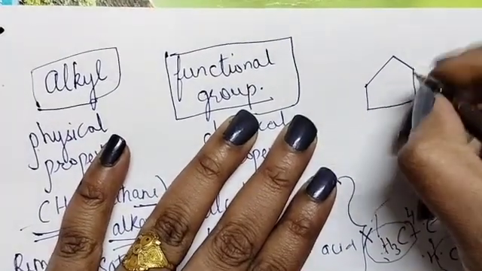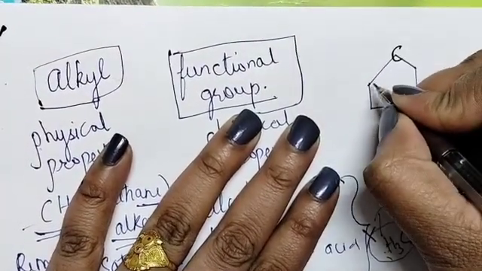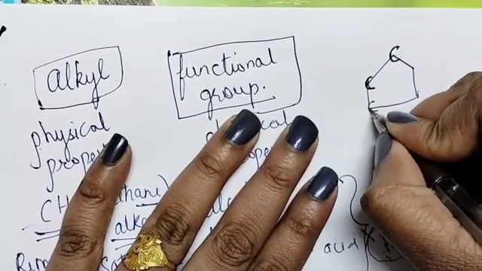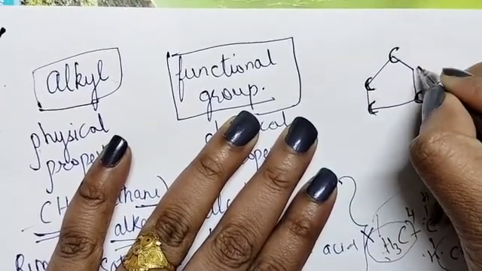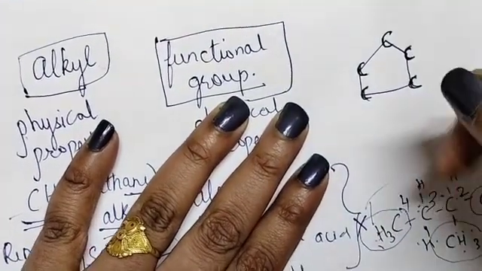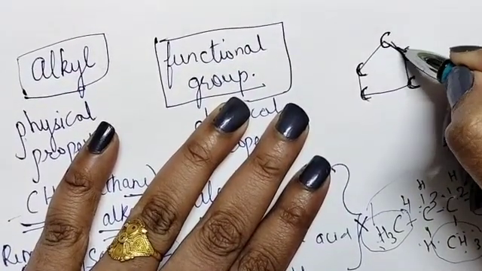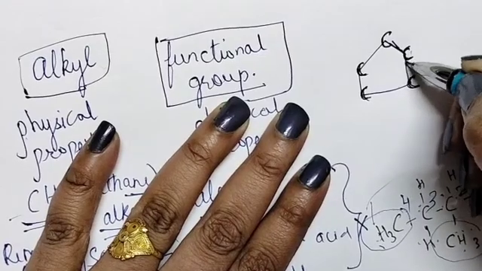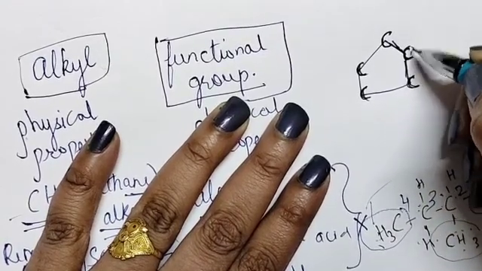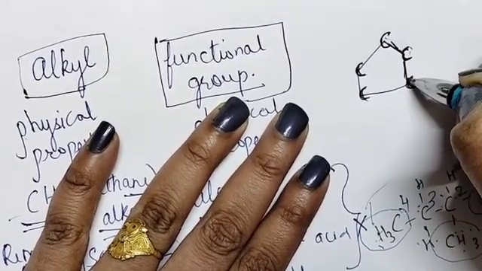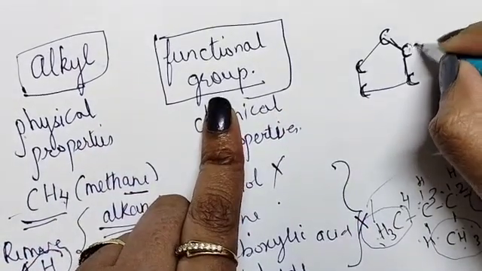All the vertices over here represent the carbon, and let us try to understand how each carbon is bonded. 1 bond, 2 bond. This is the second bond. This carbon is attached to 2 other carbon, 2 bonds gone. How many bonds left?